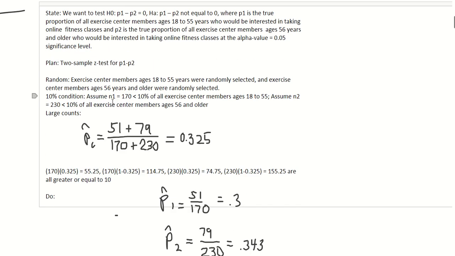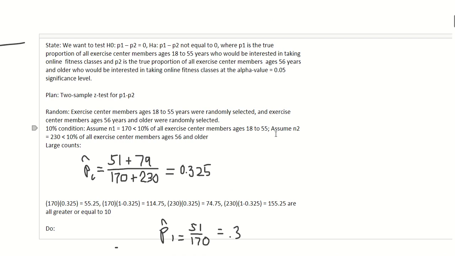So assume N1, the sample size of exercise center members ages 18 to 55, and we collected 170 of them. And that is less than 10% of all exercise center members ages 18 to 55. And again, assume N2, the sample size of exercise center members ages 56 and older, and we collected 230 of them, and assume that is less than 10% of all exercise center members ages 56 and older.